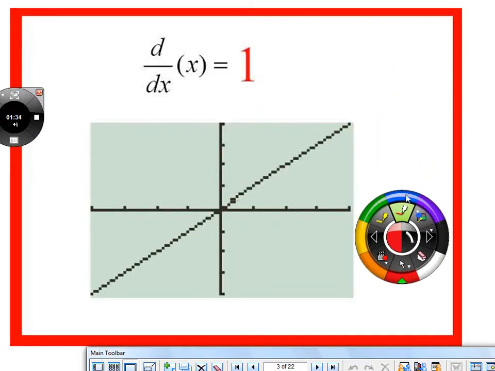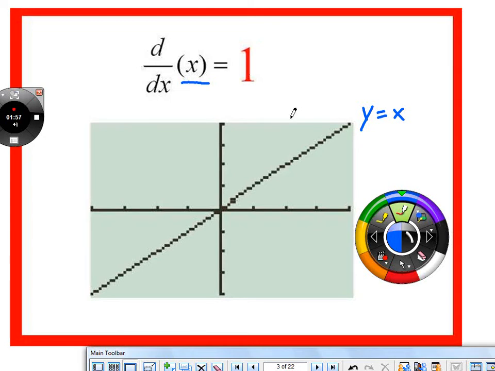Another special type before we get into the power rule is that the derivative of x, just of this particular function only, is 1. So that makes sense too. If you think about the function y equals x, the slope is always 1, so it's a constant rate of change of 1.